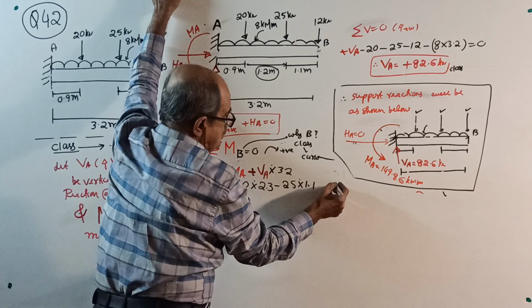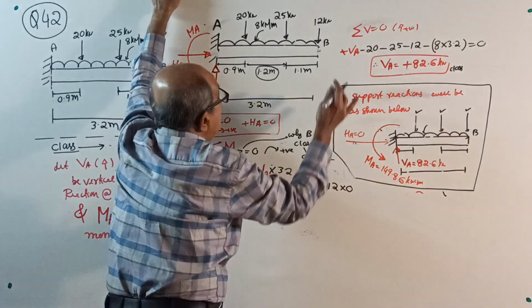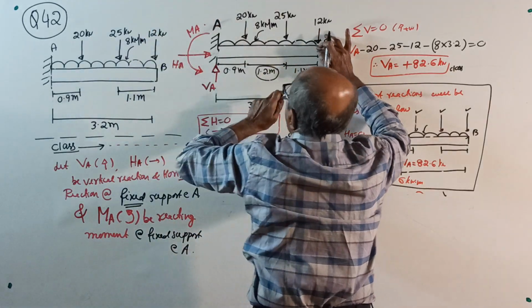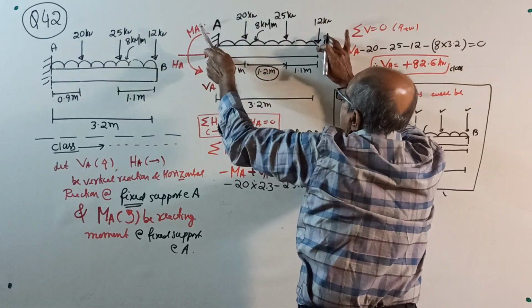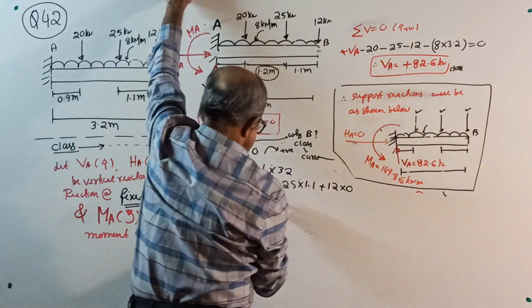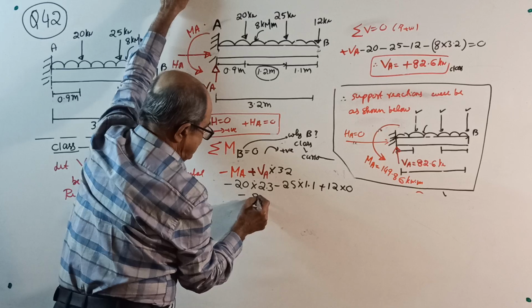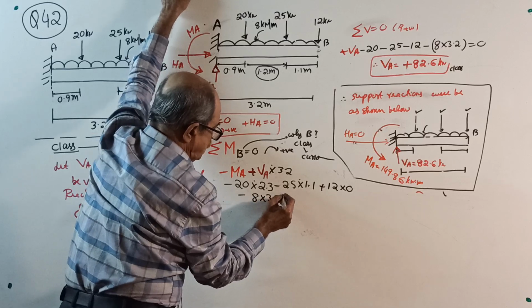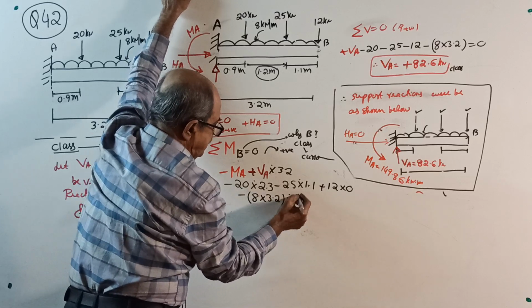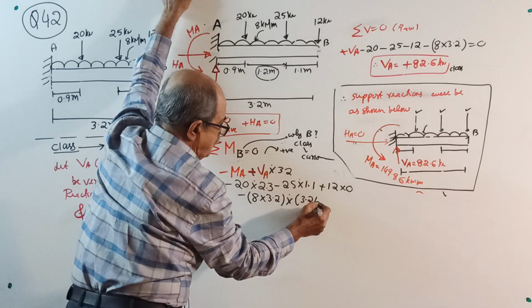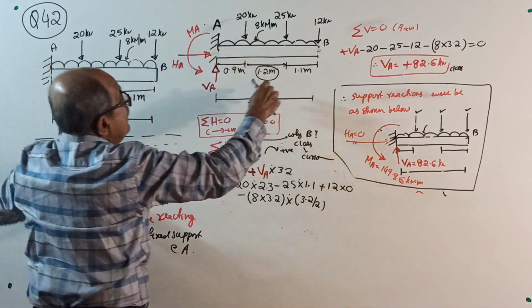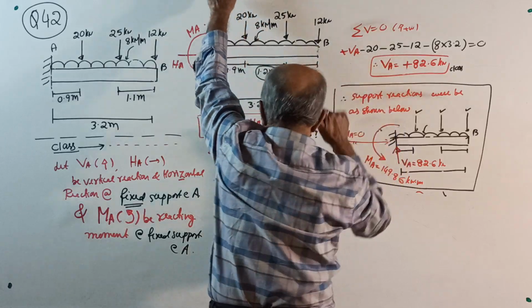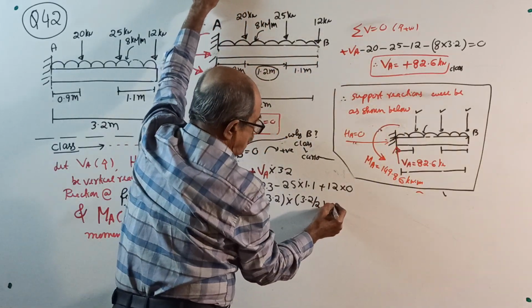And remember 12 into 0. Why? Moment about B, 12 into 0. Then minus 8 into 3.2, the total load multiplied by 3.2 by 2. Last time it was clockwise, about B it is anti-clockwise. Over. That's all. Equal to 0.